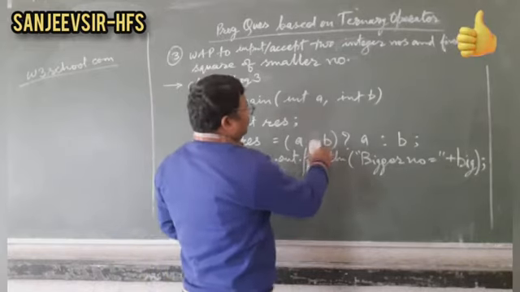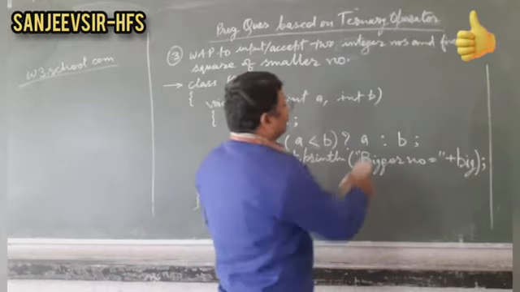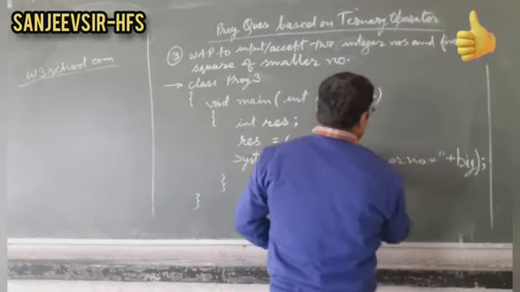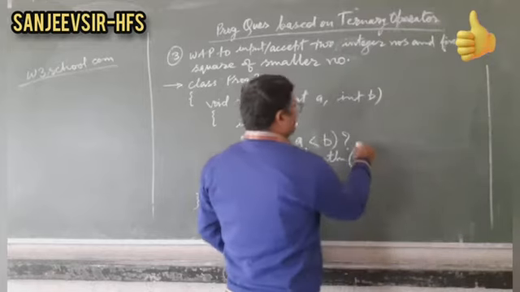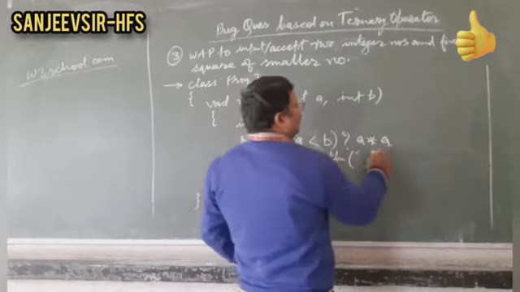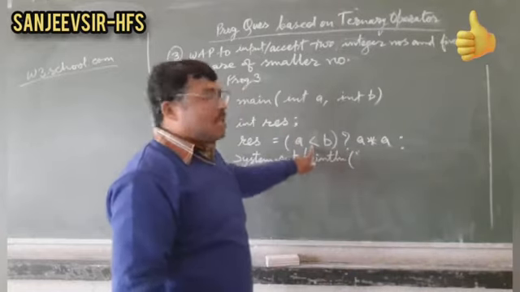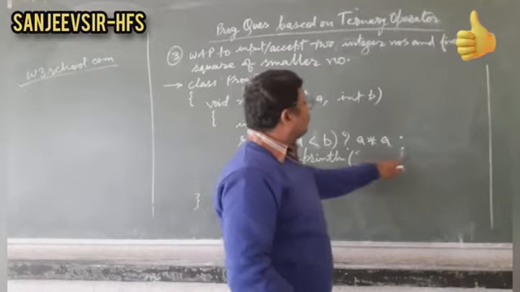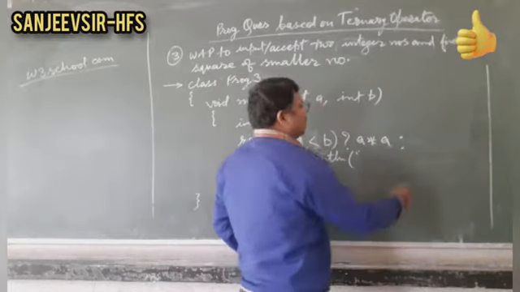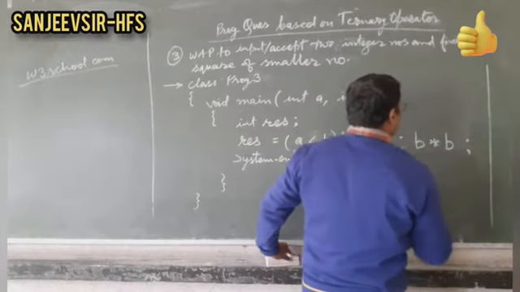The condition is here: a is less than b, that means a is smaller, so we have to find the square. So we will write square means a into a, and colon. After that, if the condition is false, then b will be smaller, and our control will move after the colon. So here b into b, then semicolon.